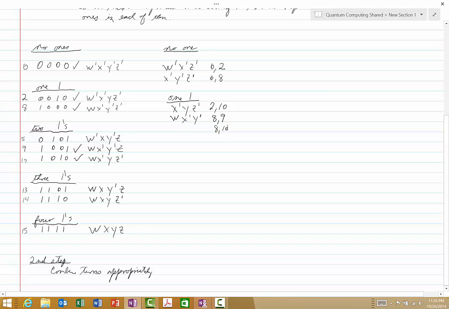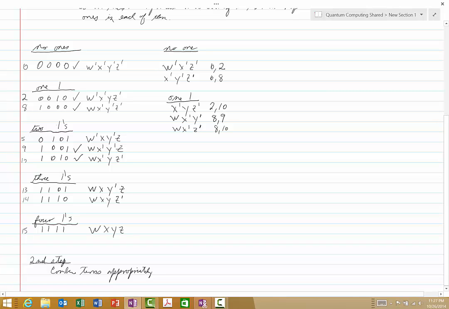They differ only in the y position, so that drops out, and we're left with w x prime z prime. And 10 already has a check mark by it, so we don't need to put another check. And of course 8 already has a check as well. And this concludes the groupings of terms from this group with terms from this group. Those are all the combinations.